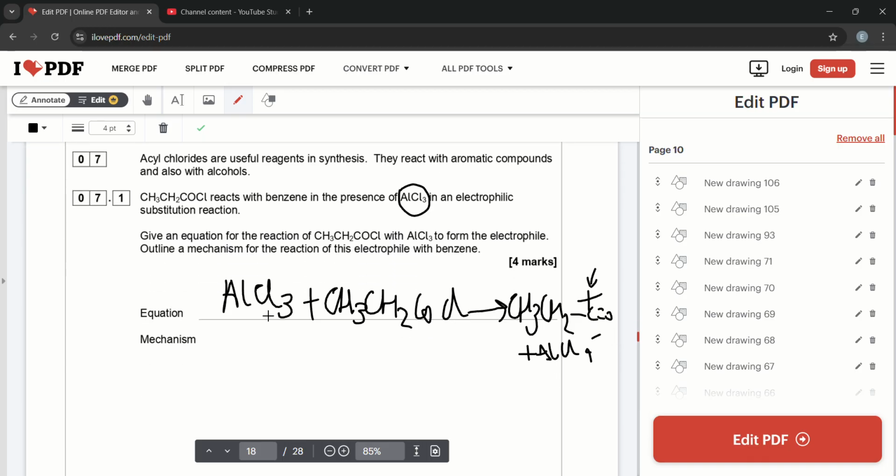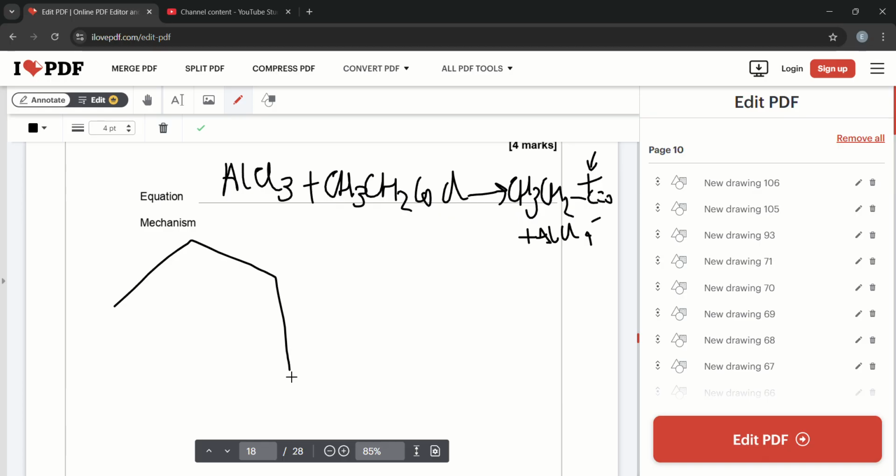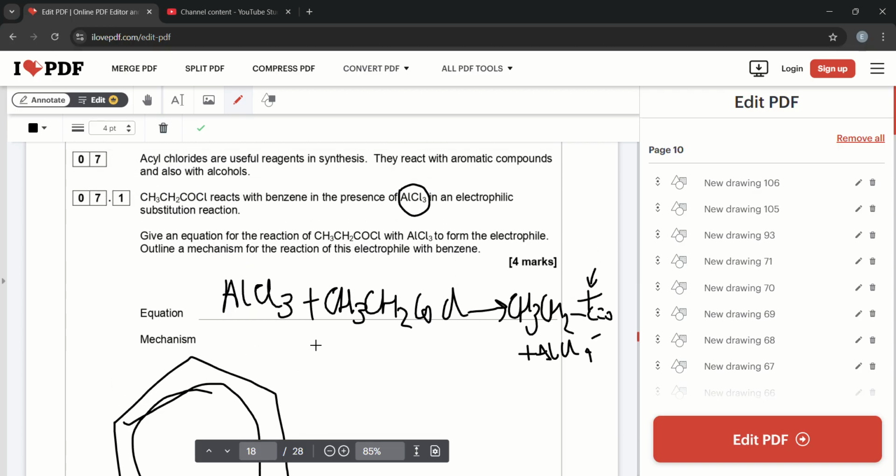So benzene. So we're going to have benzene and we've got CH3CH2, CH2CH3C, CH3CH2Cl.